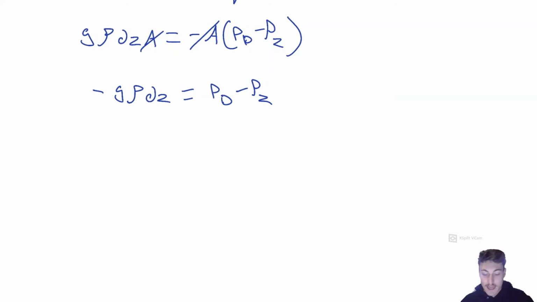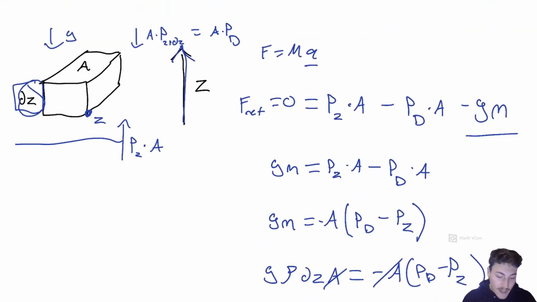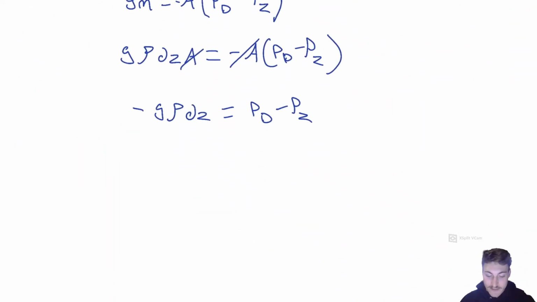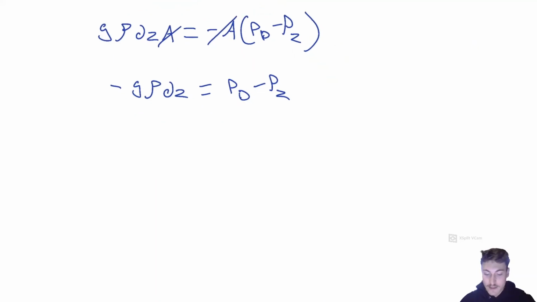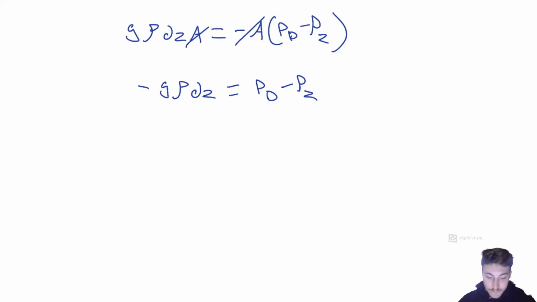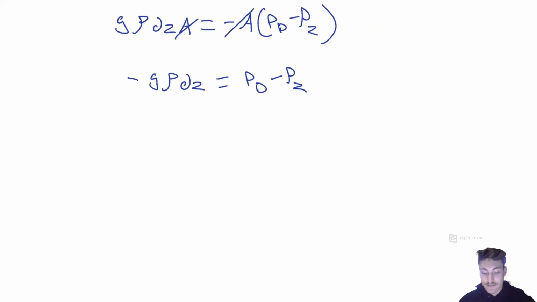We can denote Pd minus Pz as the change in pressure, dP, because the dz I have scribbled all over is the change in height of that volume of liquid. We can put dz on the other side, so we get negative g rho is equal to dP over dz.